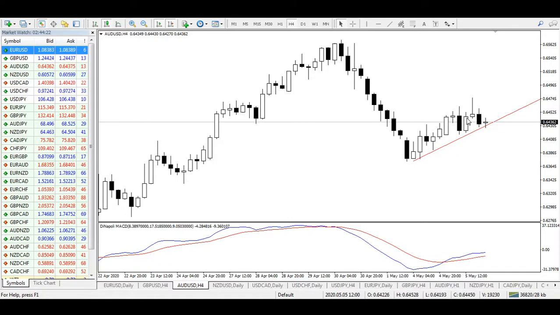This bullish candle, this doji or shooting star kind of candle, and this black candle make an evening star pattern. Before this there was an evening star: a bullish candle, a very small candle, and then a bearish candle. So this was an evening star, and again this is an evening star.